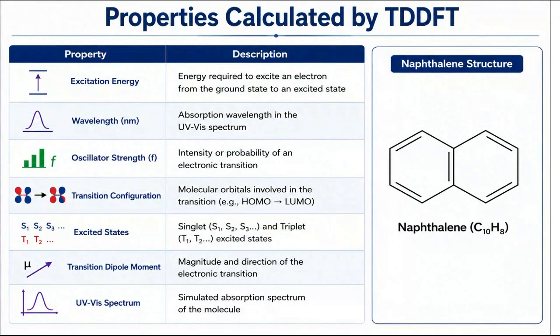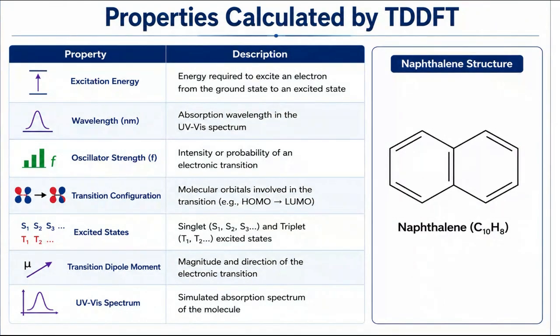When we calculate the TDDFT parameters of the naphthalene molecule, I will explain descriptions like excitation energy, which means the energy required to excite an electron from the ground state to an excited state, and wavelength, which is the absorption wavelength in the UV visible spectrum. Oscillator strength is the intensity or probability of electronic transitions.